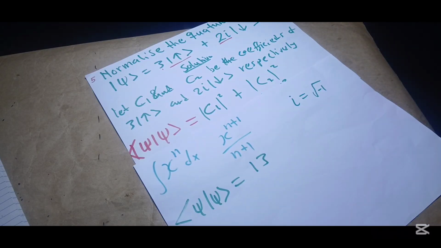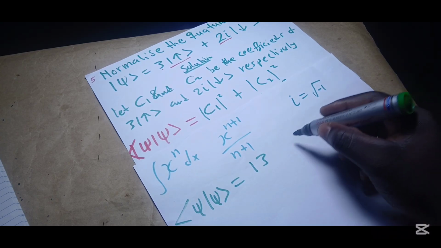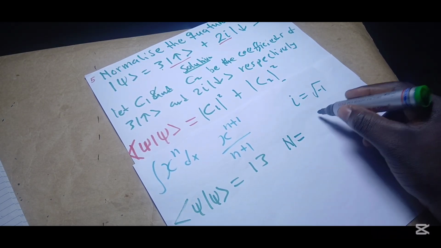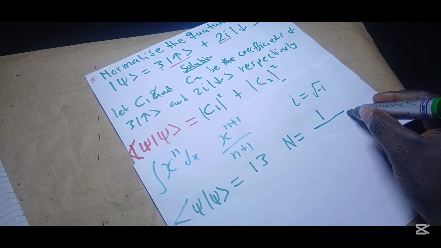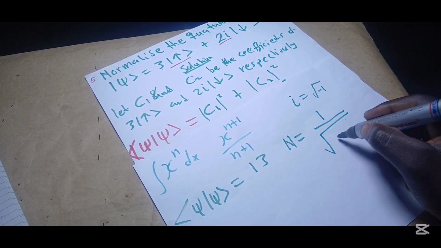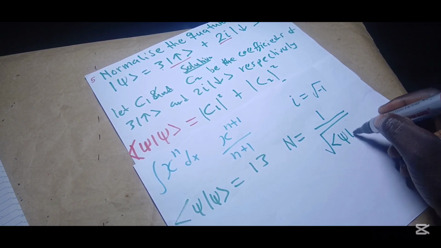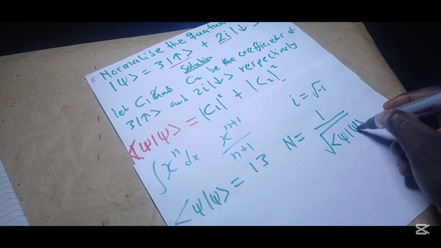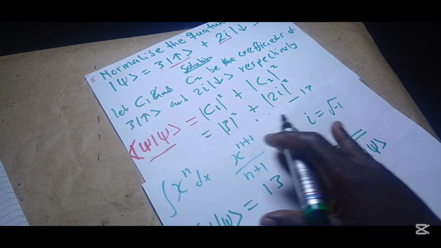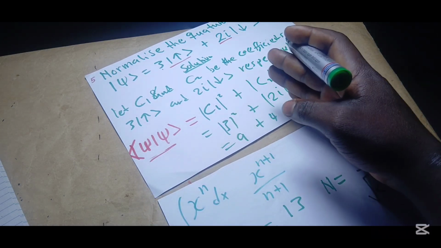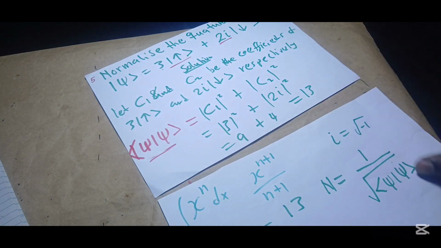The second part is to look for our normalization constant, and our normalization constant here is equal to 1 all over square root of the norm. First step, look for the norm by summing up the absolute square of each coefficient of the state given.